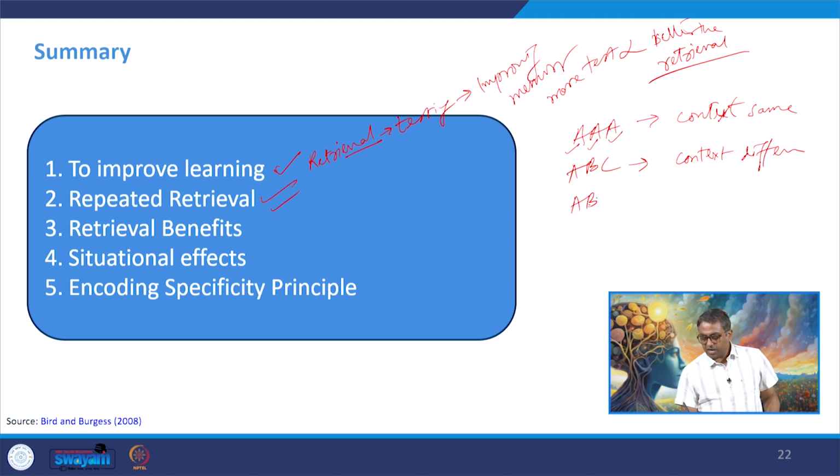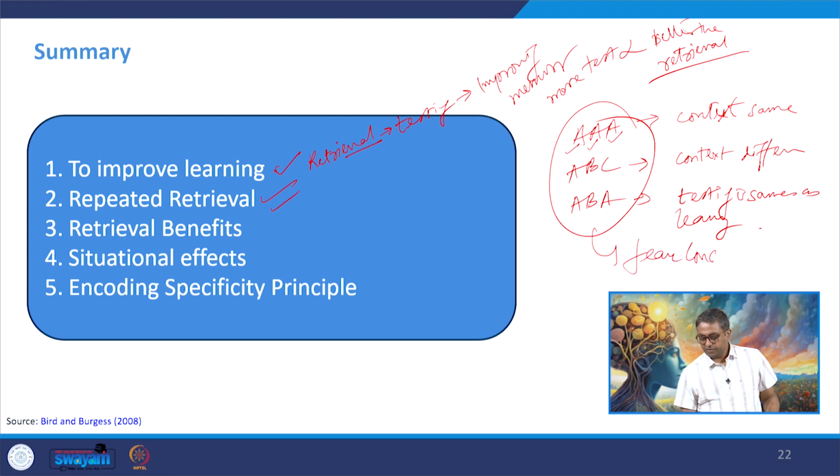Or in the ABA model, the testing context is the same as learning. This kind of alteration is very common in fear conditioning, fear context conditioning. Understanding the underlying neural mechanism can give us a lot of understanding about the retrieval processes as well.